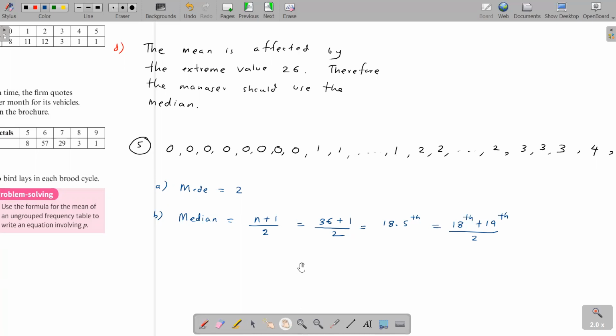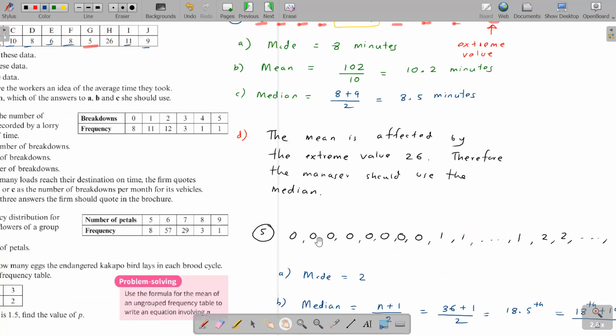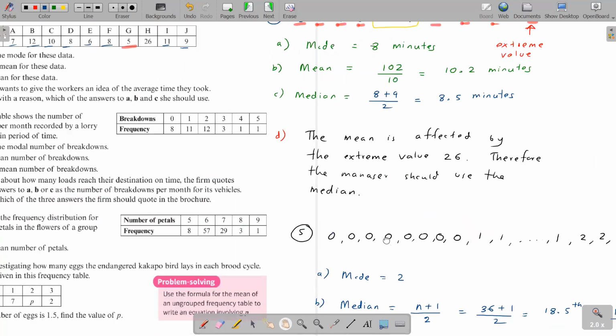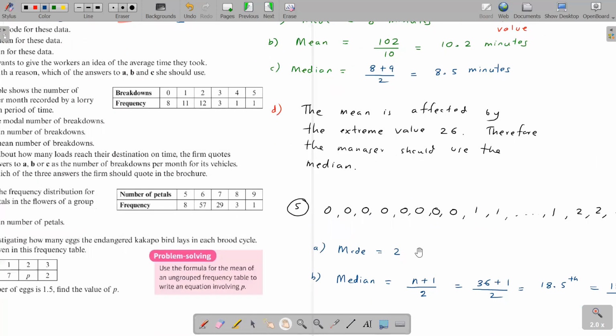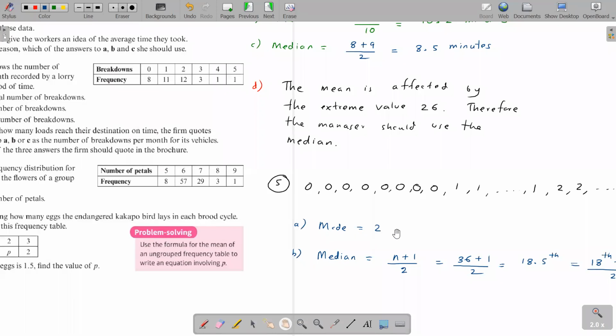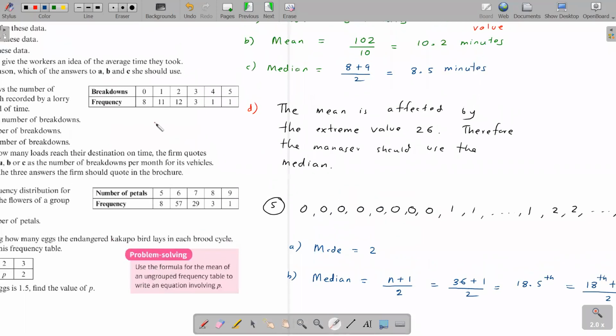Okay. So now the challenge is to get the 18th term and the 19th term. How do I get them? Now over here, you can see the value of 0 is repeated how many times? 8 times, which means 0 is the first term and the last 0 is the 8th term.